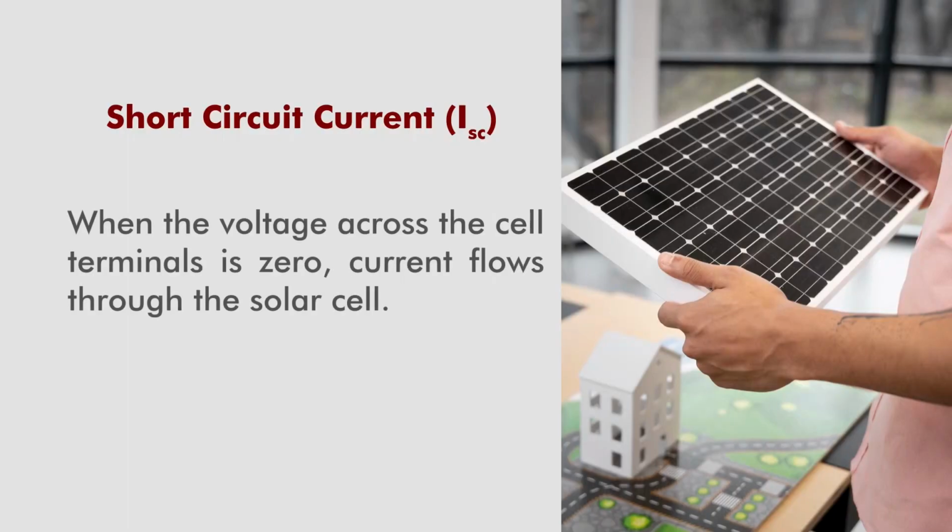When you short circuit these two terminals, whatever current flows through the solar cell is called the short circuit current. Or you can say when the voltage across the cell terminals is zero, the current that flows through the solar cell is known as short circuit current. Generally it is denoted by I suffix SC.